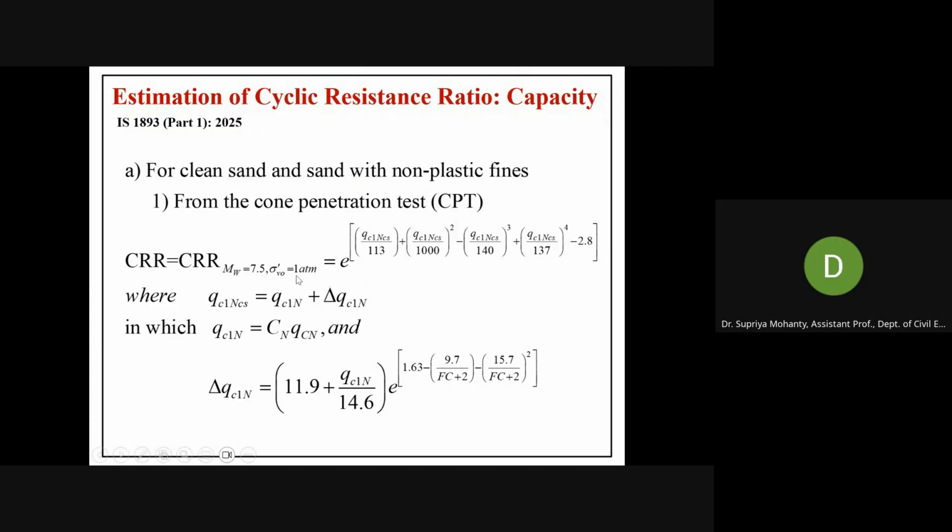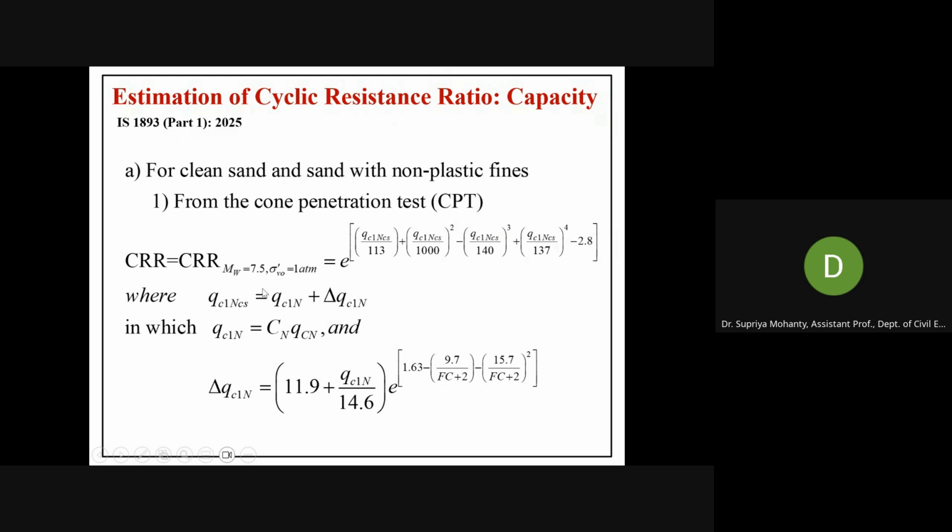So CRR 7.5, under atmospheric pressure, 1 atmosphere, is calculated by using this expression. If you see, this is a function of QC1NCS. This CS stands for fine content correction. If you have applied fine content correction, then you need to consider this corrected tip resistance while calculating the CRR 7.5. So this QC1NCS is QC1N plus del QC1N.